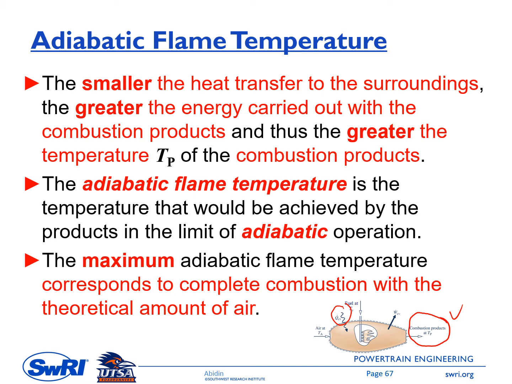The maximum adiabatic flame temperature corresponds to a complete or stoichiometric combustion with a stoichiometric or theoretical amount of air. So when we have a stoichiometric combustion and the reactor is adiabatic, then we will have the maximum combustion temperature, and it is called the adiabatic flame temperature.